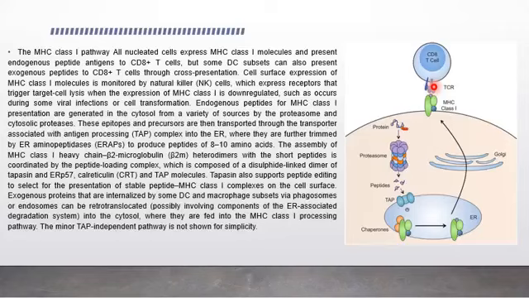But the T cell recognizes only peptide antigens. MSC class 1 presents intracellular or endogenous antigen, such as virus or cancer.